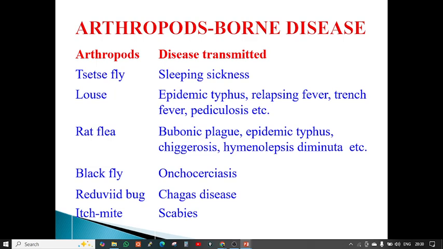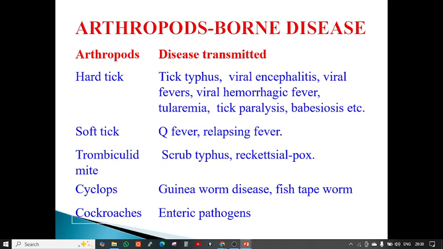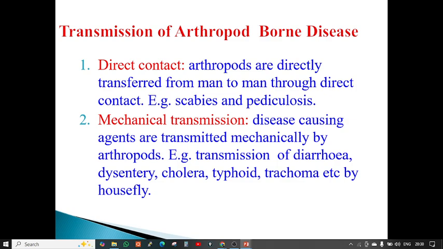These are the different types of carriers and the diseases they can carry, and we have to control these carriers. Hard ticks, soft ticks, and so on. You should not remember all the things, but you should know that arthropods are carriers, they carry different types of diseases, and they can deteriorate our health.